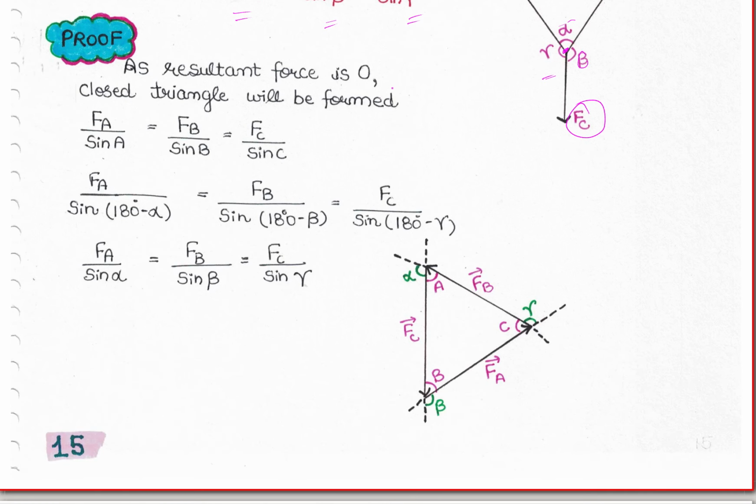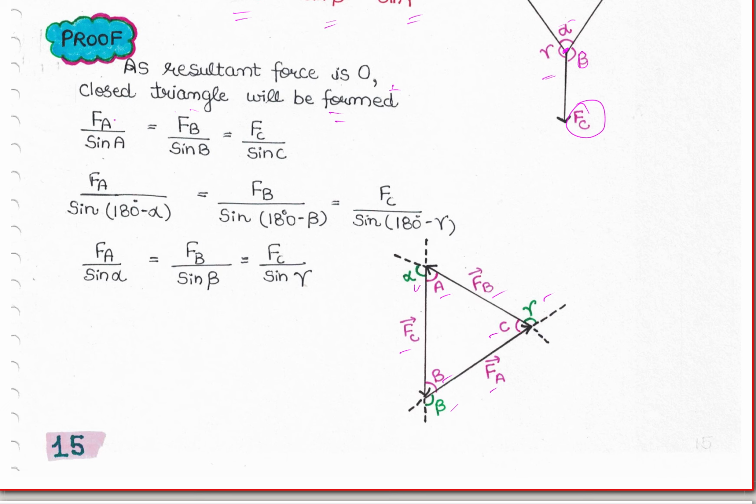As the resultant force is 0, a closed triangle will be formed. So we can draw it like this. This is our B, this is our C, this is our A, this is our Fa, this is our Fb, and this is our Fc. And the outer angles, this is alpha, this is beta, and this is gamma.